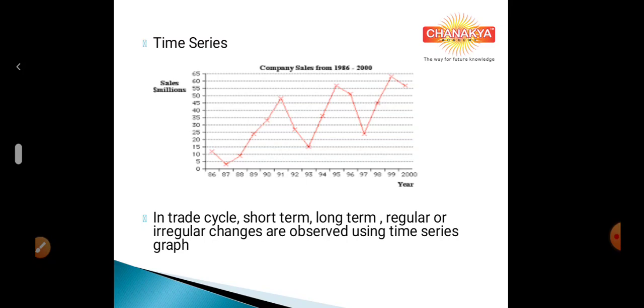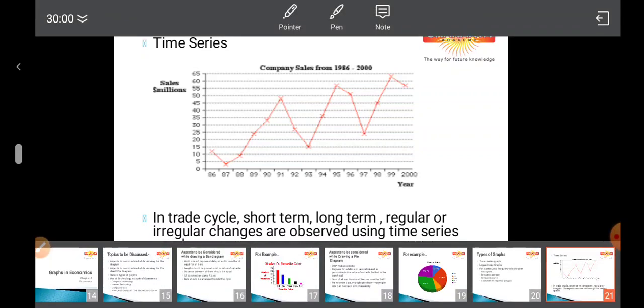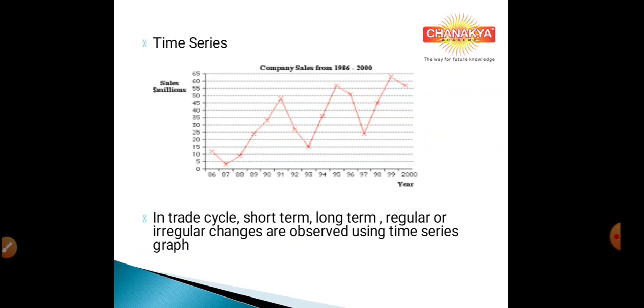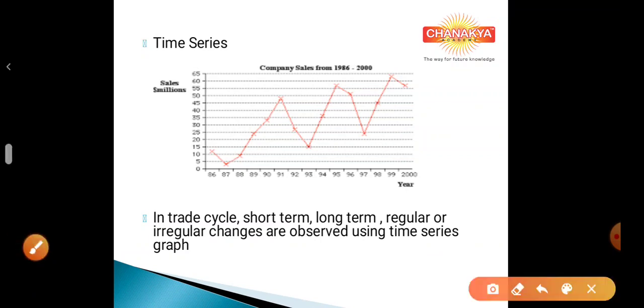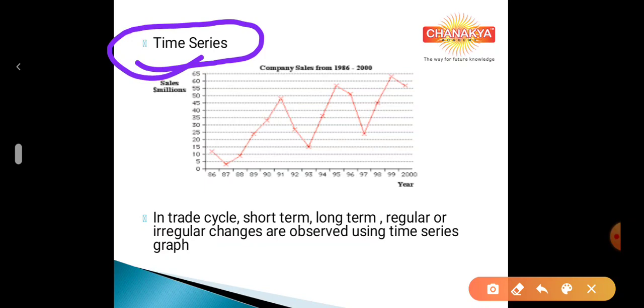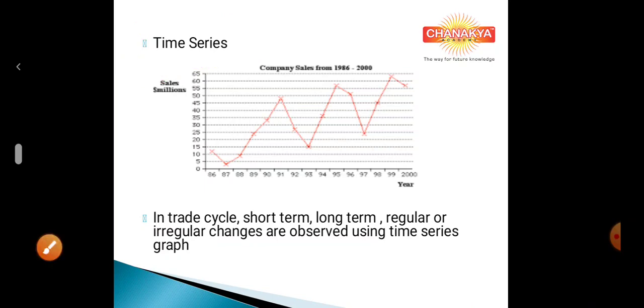In the trade cycle or the cycles of economic activity, short term, long term, regular or irregular changes are observed. The trends of such changes are obtained with the help of these statistical tools. And when we use this statistical tool with respect to time, it becomes the time series graph. Are you clear by now that whenever we are observing any changes with respect to time, it is known as a time series graph?